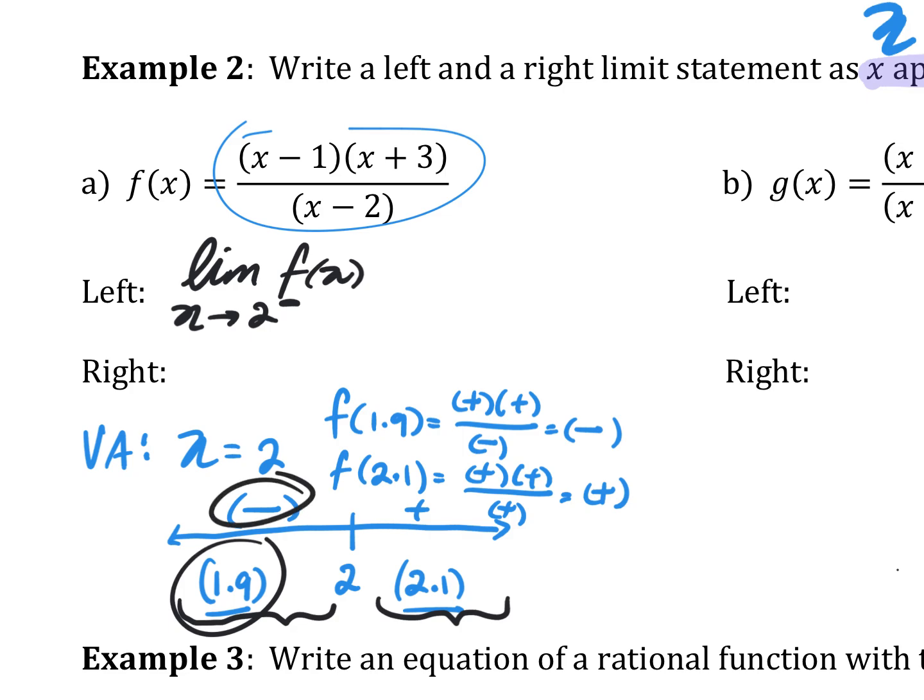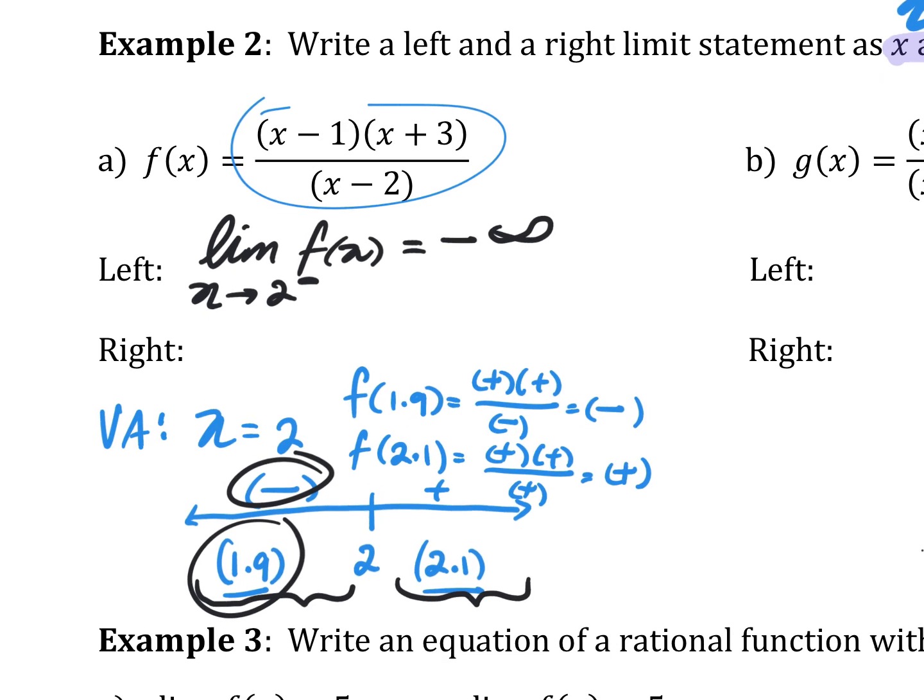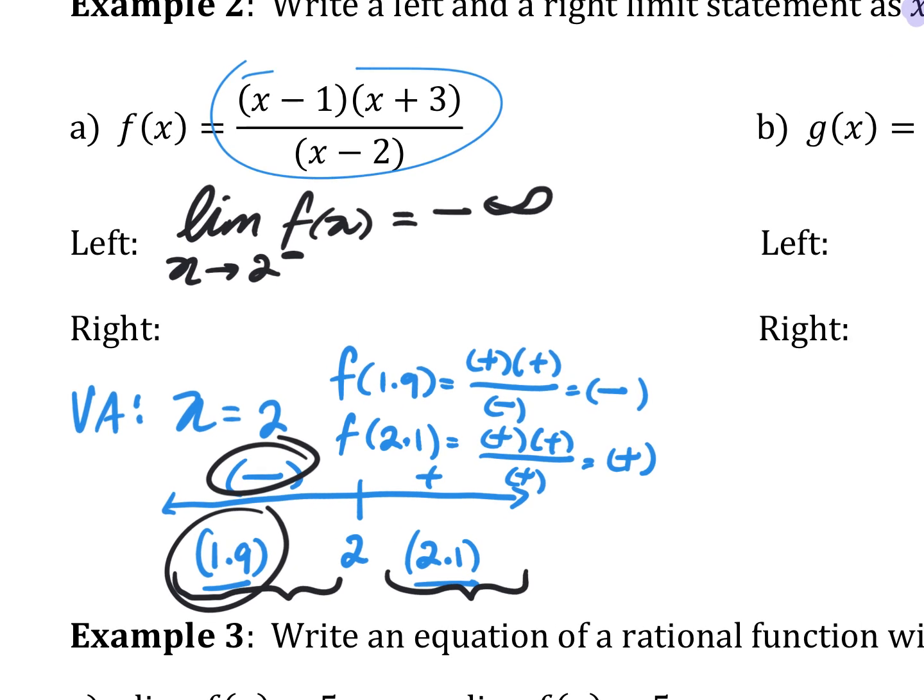I can see it's actually going to negative infinity. Okay, if I also write my limit statement on the right side, look at what's happening, it's going to be a positive infinity. So the limit as x approaches 2 from the right of f of x is equal to positive infinity.